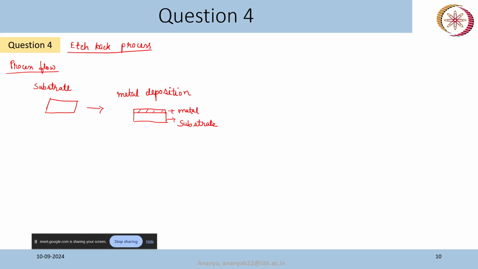Now how will you deposit metal on top of the substrate? By any physical or chemical deposition technique that we have discussed. Or there are other techniques also, those were not covered, but you can do a CVD or you can do a PVD process.